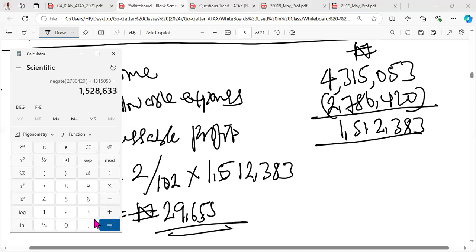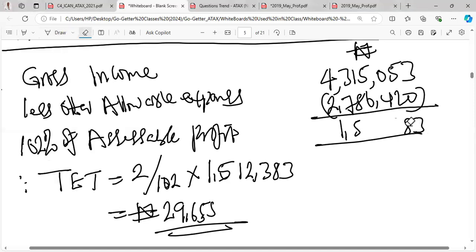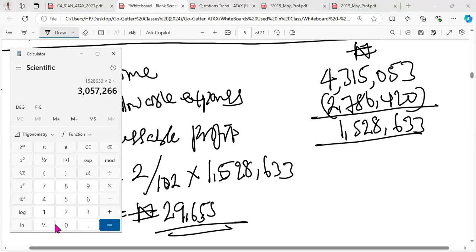4,315,053. Becomes 1,528,633. Then you find times 2 divided by 102.